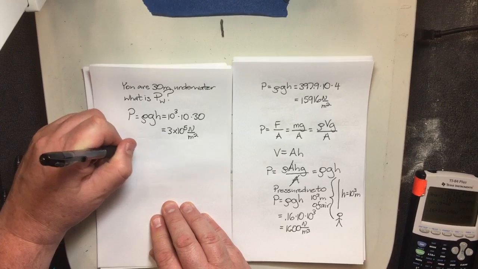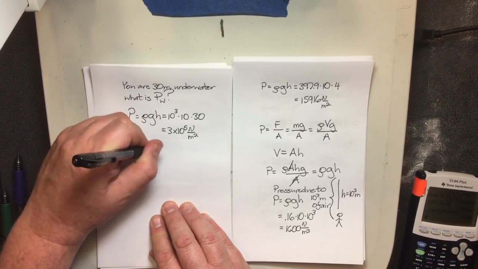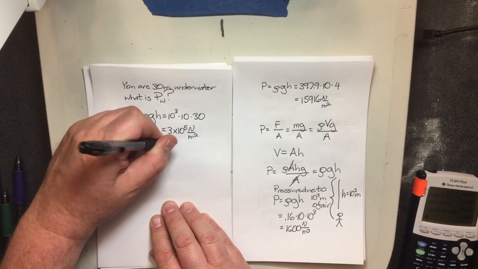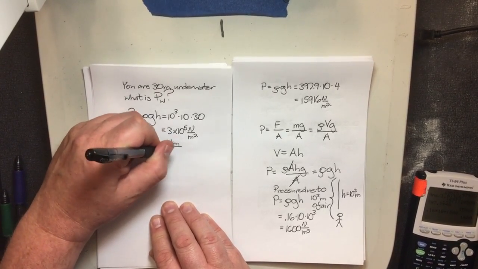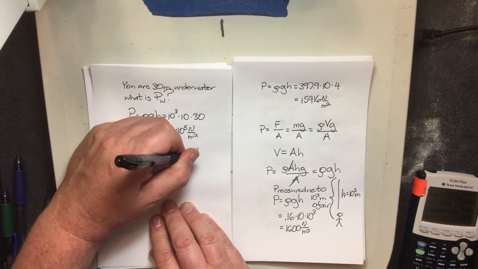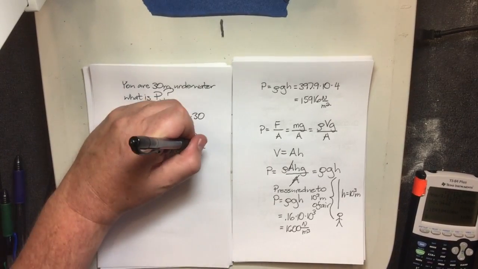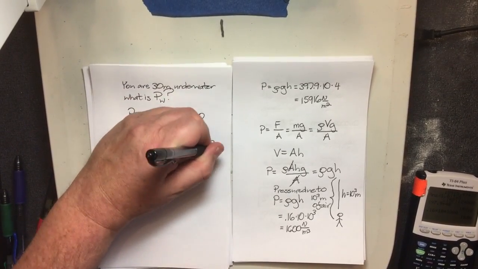Now if you take this and multiply it by 1 atmosphere per 1.013 times 10 to the 5th newtons per meter squared, you get roughly 3 atmospheres.